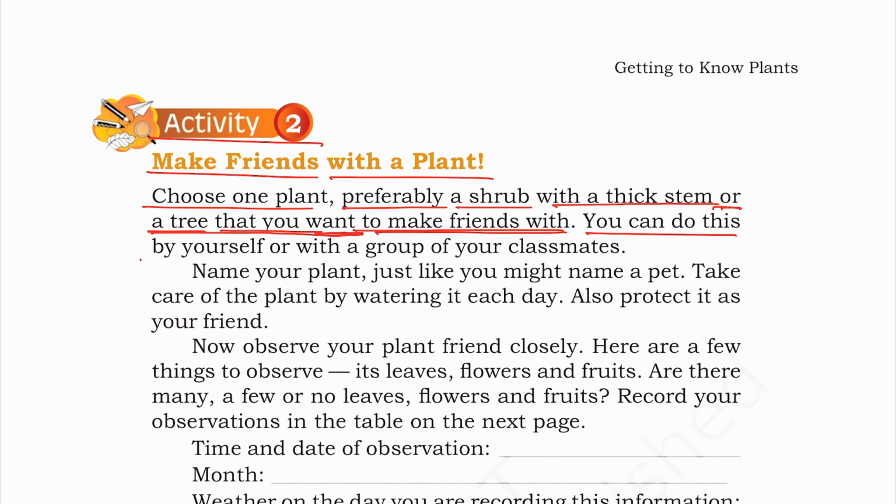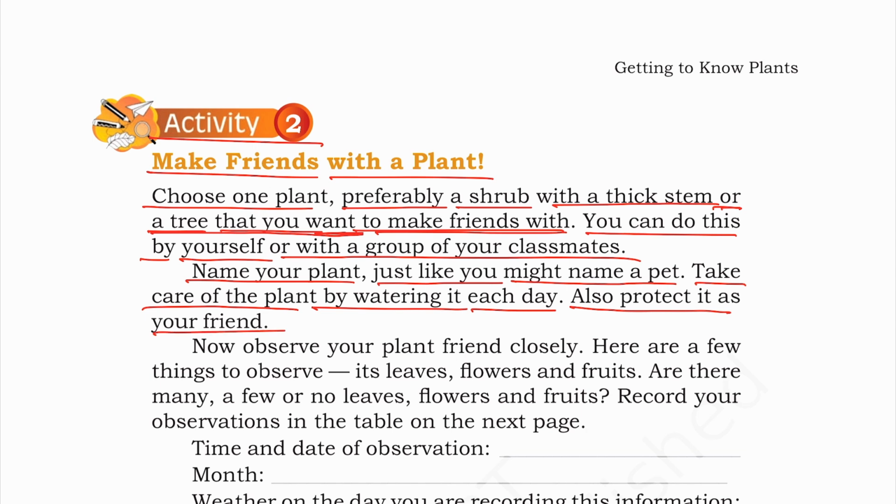You can do this by yourself or with a group of your classmates. Name your plant just like you might name a pet. Take care of the plant by watering it each day. Also protect it as your friend.